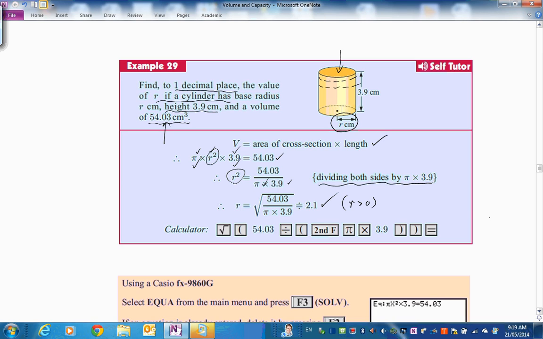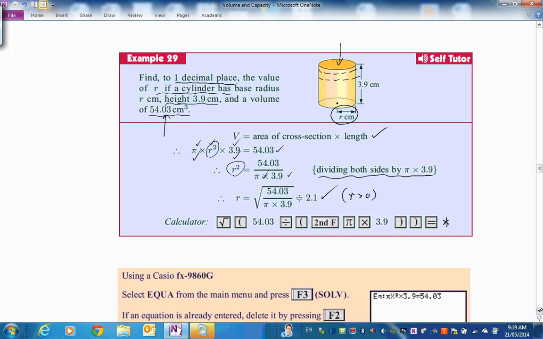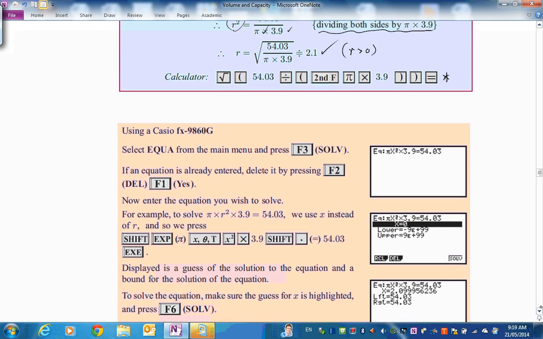Alright, or you could use the calculator. So you'll use the calculator just to do the multiplication. Or there is a function on the Casio to solve equations. If you go to Equa on the menu and then go F3, which is to solve, you can put that whole equation in. Instead of r squared you'll put in x. And here's the syntax.